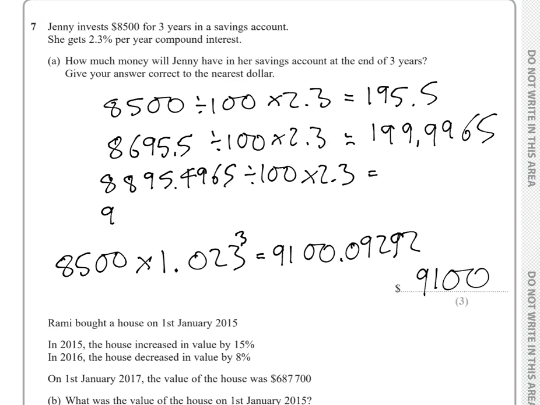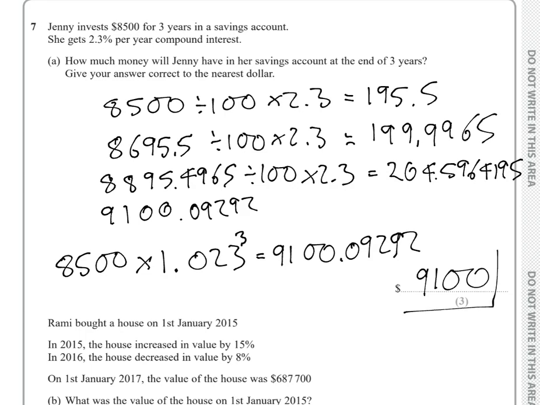Divide that by 100 times by 2.3. 204.5964. Add that on to 8895.4965. 9100.09292, which is as we got before. So there we go, to the nearest dollar, 9100.